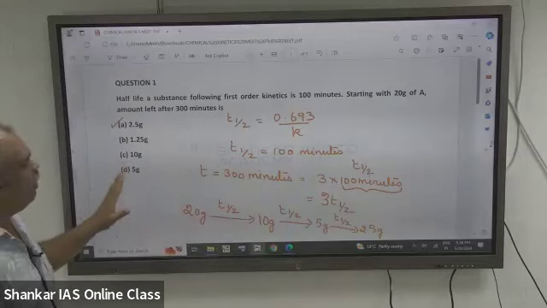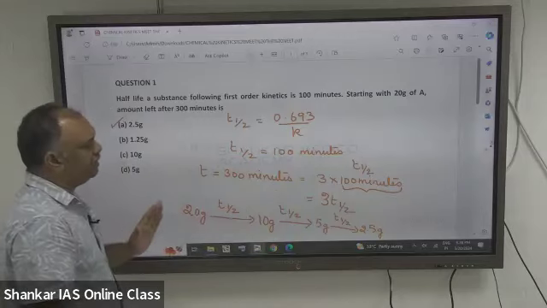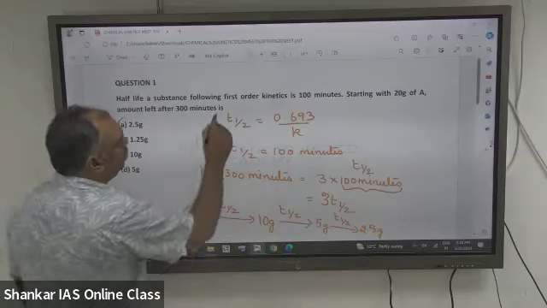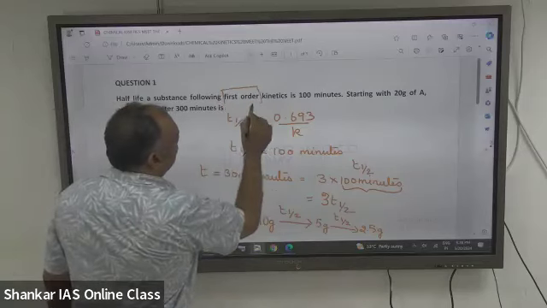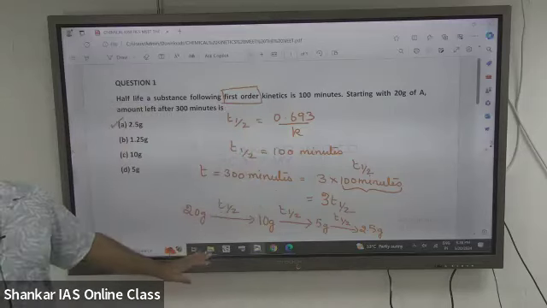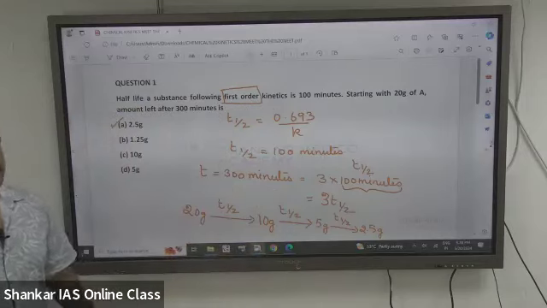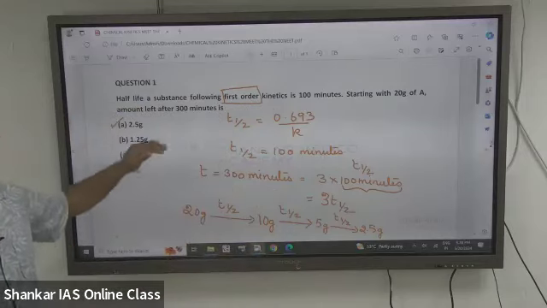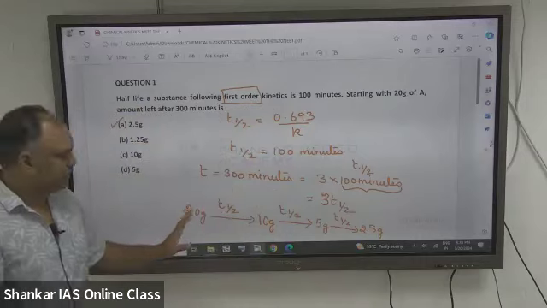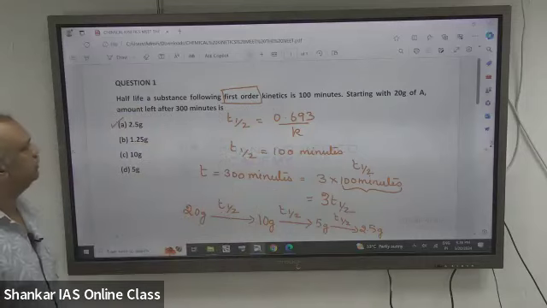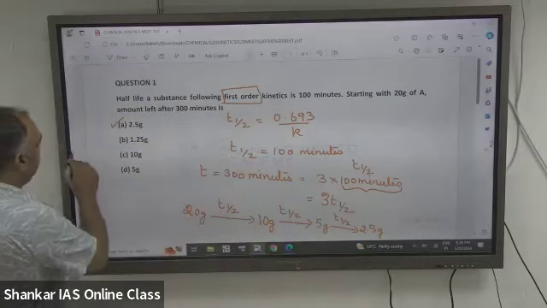One point you have to keep in mind is that such an approach is applicable only to first order reactions. So I believe this problem is easy to do. Now we'll move on to the second problem.